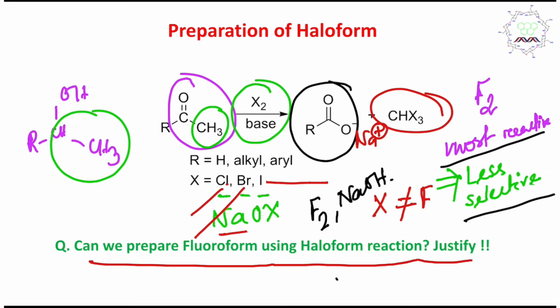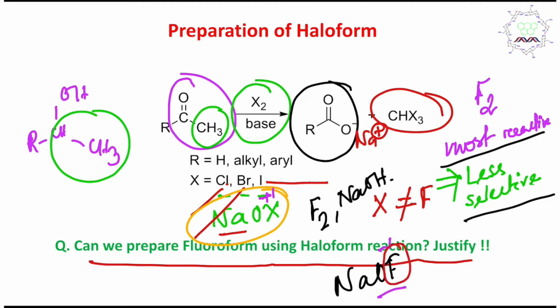And if you ask, sir, can I use NaOF? This reagent has a difficulty. Although I haven't seen it, I doubt whether it exists. In NaOX, the oxidation state of the halogen is +1, so it is oxidizing in nature. But in NaOF, the oxidation state of fluorine is -1, so the reactivity pattern is different.